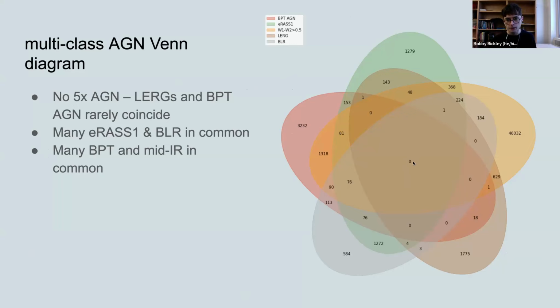And so there's nothing in the middle here, but there are a lot of broadline AGN shown in the green and X-ray AGN in common.